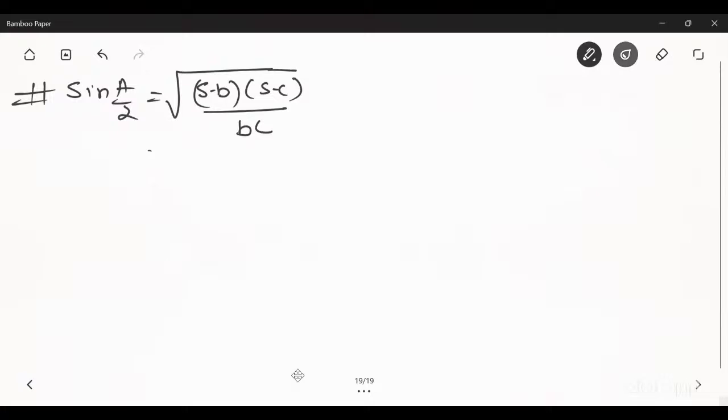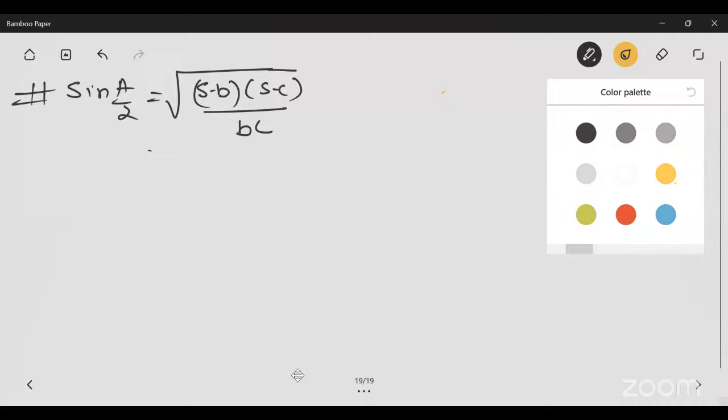Now remember one thing: how you can remember the formula. Now see what is there? A. And in the formula, A does not come.